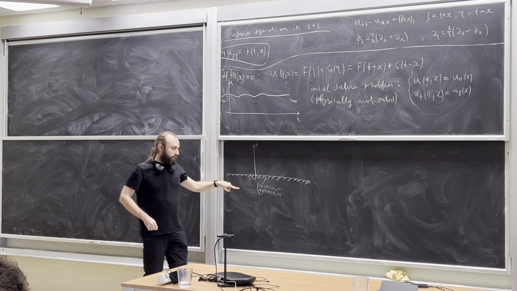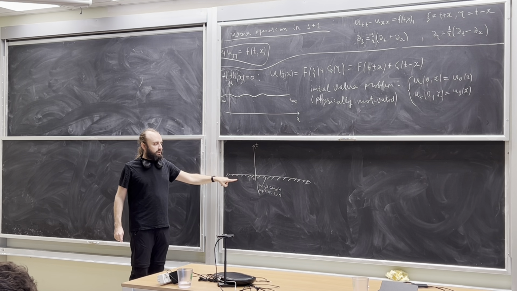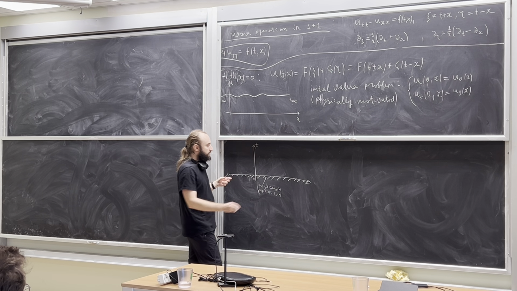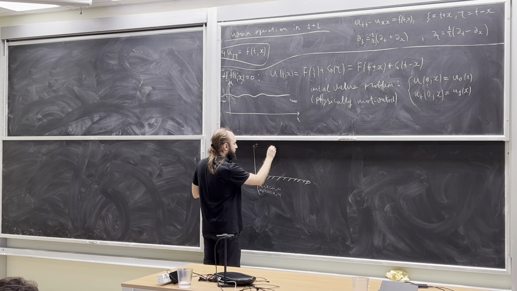So we fix two derivatives of this function, and then we need to find u of t and x inside. It's described by the wave equation. We need to express u of t and x in terms of u0 and u1. So, let us solve this problem.